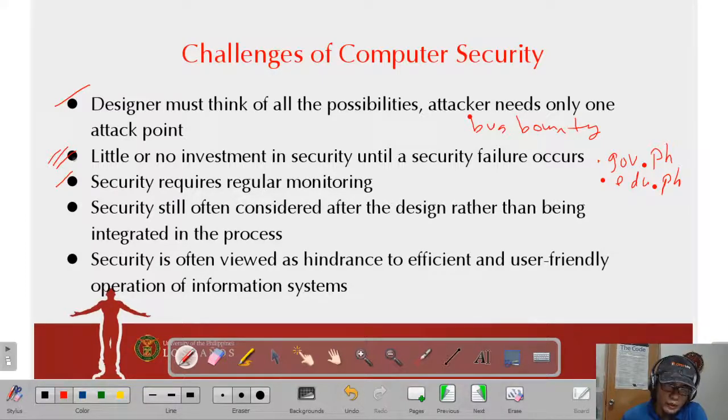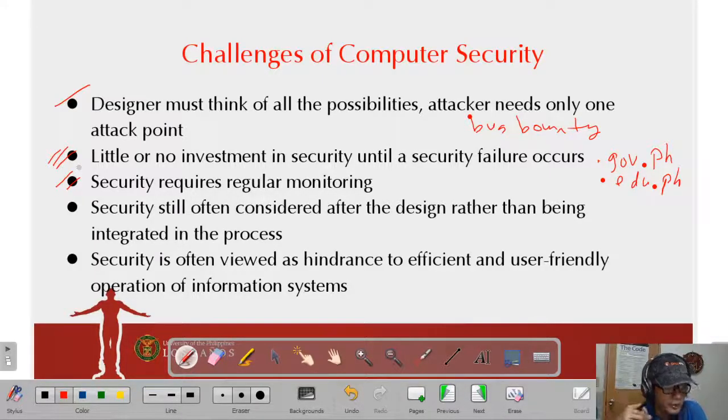I recall one instance a few years back when the UPLB website was defaced by Chinese attackers simply because the staff was not able to update the UPLB website to a newer version of the content management system being used.